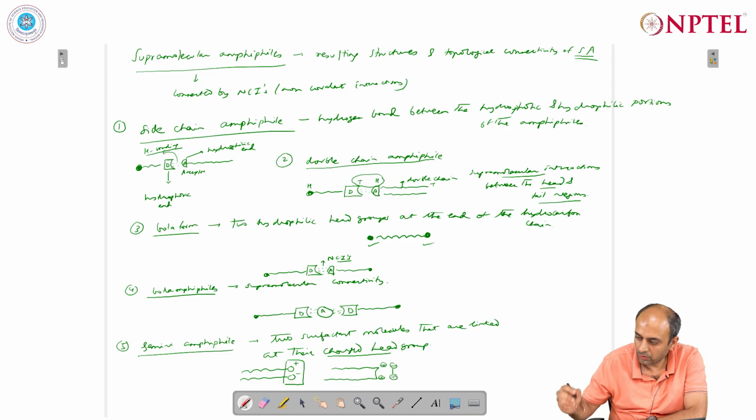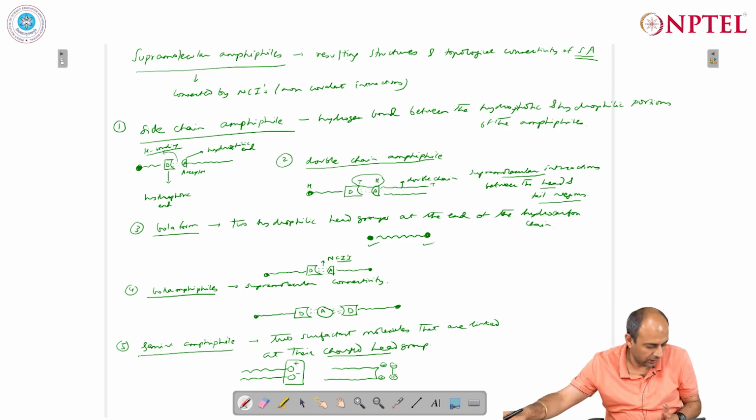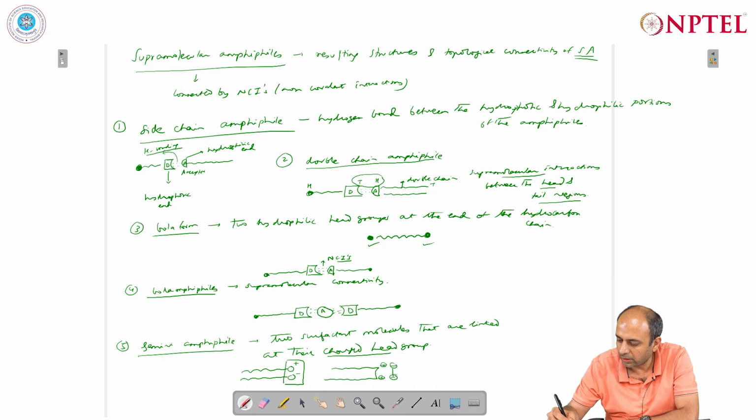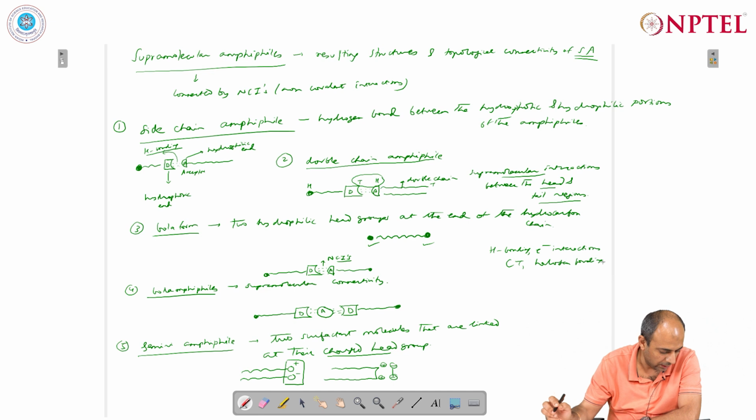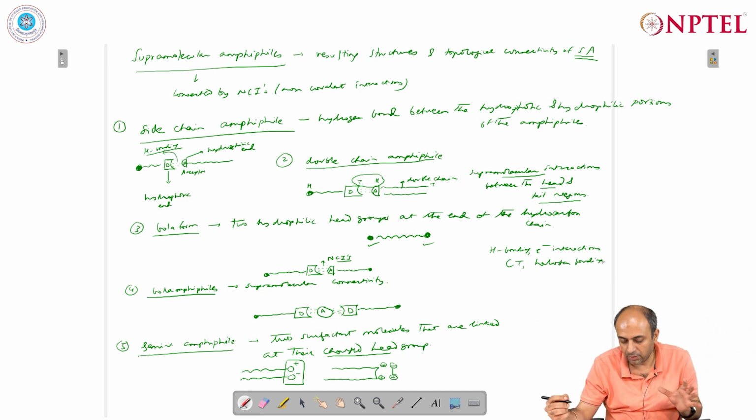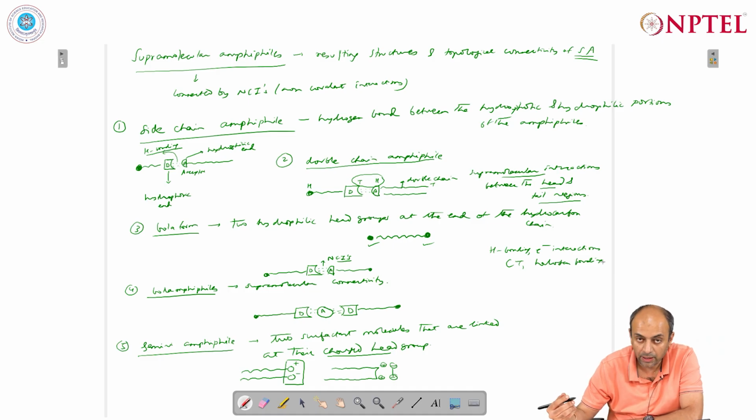And in all these cases of supramolecular association, it is the hydrogen bonding or the electrostatic interactions or charge transfer interactions or halogen bonding which stabilizes this supramolecular assembly. And these supramolecular amphiphiles are of a highly tunable nature, and you can also reverse this phenomenon of association because of the dynamic nature of NCIs.